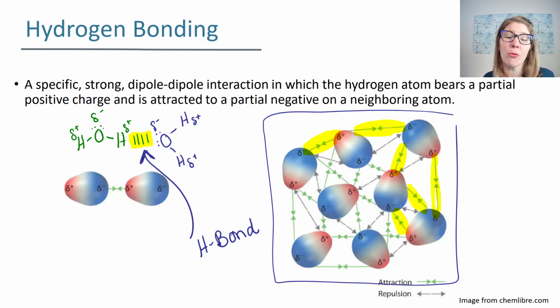And yes, there are some repulsions as well, but the attractions end up winning out. When we're looking at hydrogen bonding, these attractions are so strong of an intermolecular force that they actually play out in the molecule's boiling point by raising boiling points. And we're going to talk about that in another presentation.